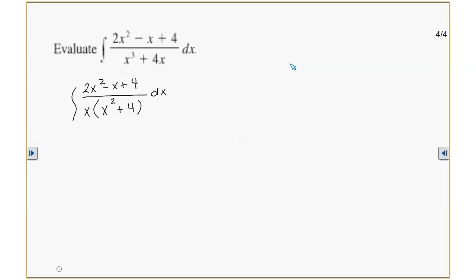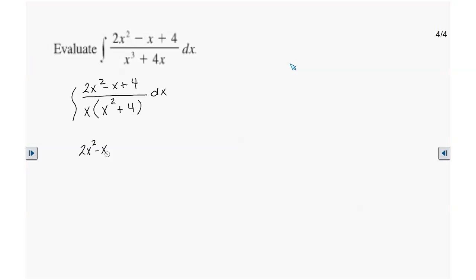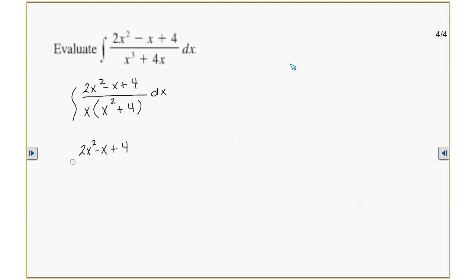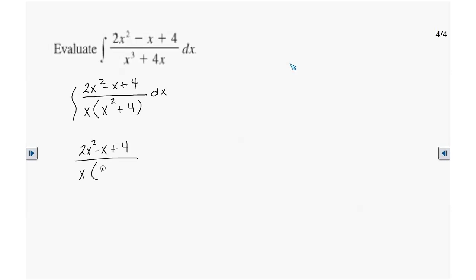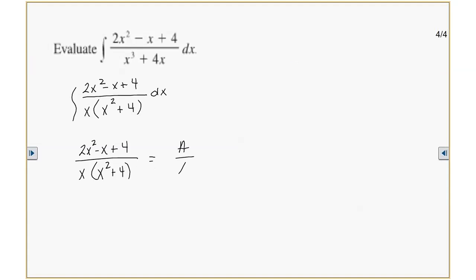Find x. Here it is. So, here we go with the algebra. 2x squared minus x plus 4 over x times x squared plus 4 is equal to A over x plus bx plus c over x squared plus 4.